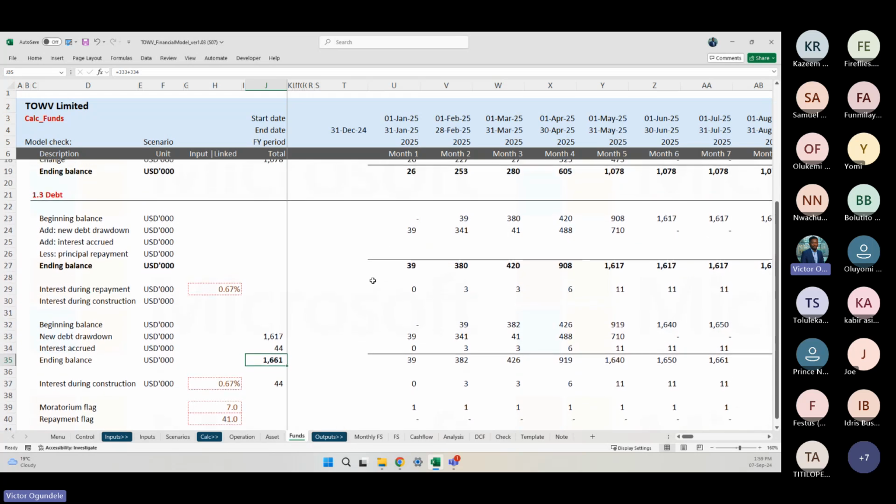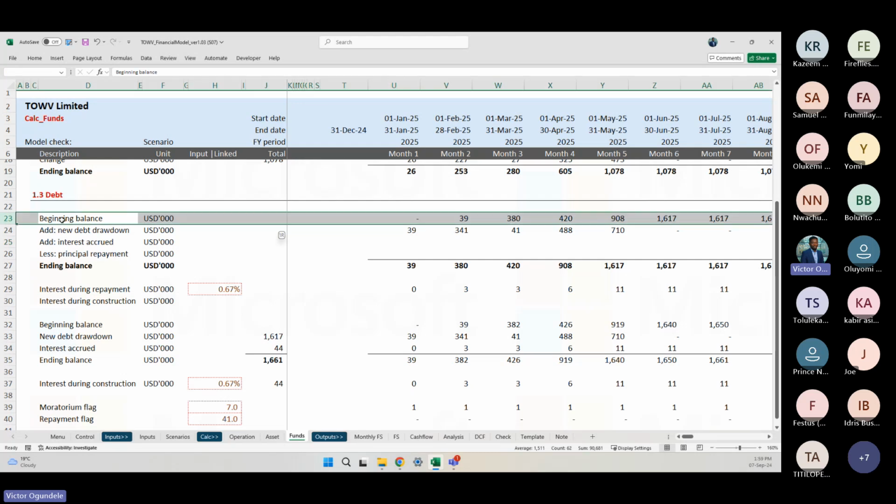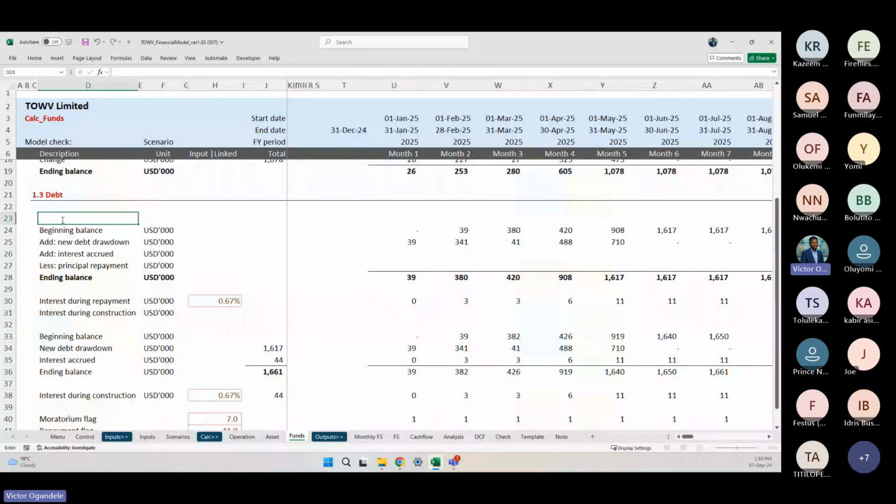Now let's go back to the main debt schedule. So maybe we can put a header there, so this is the debt schedule, right?